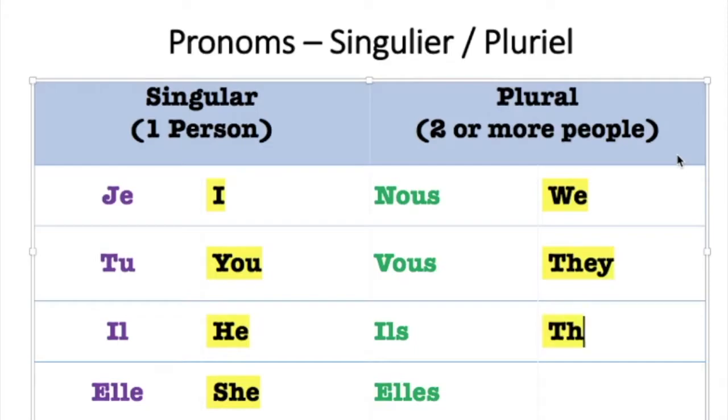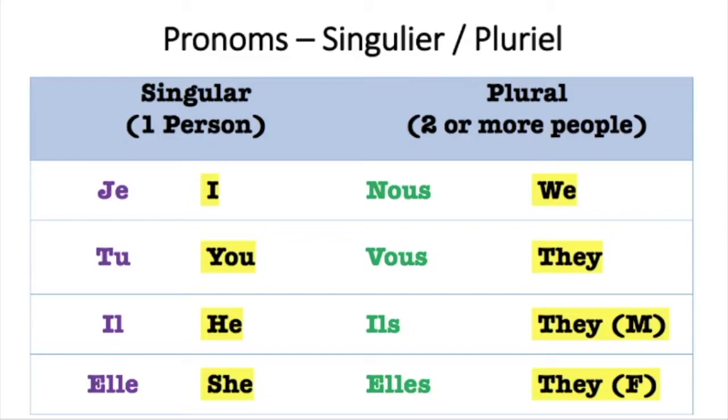Ils is going to translate to the pronoun they, but that's when you're talking about males. And it has to be more than one male, remember that, or else you'd use the pronoun il without the s. So if you notice the s, that indicates it's plural, that there's more than one. And if you haven't guessed it already, elles would also be they, except they're going to be females.